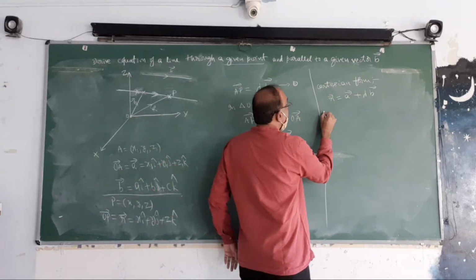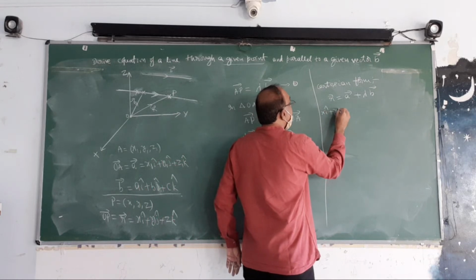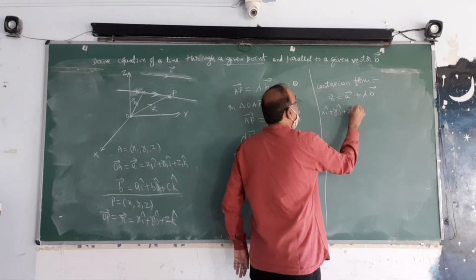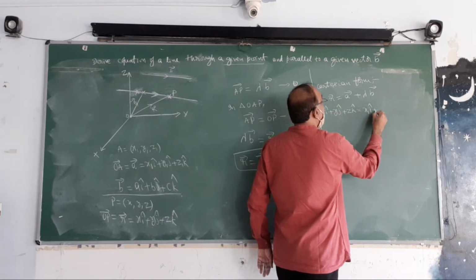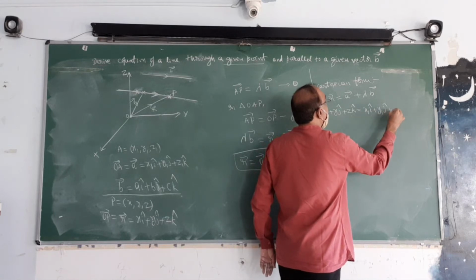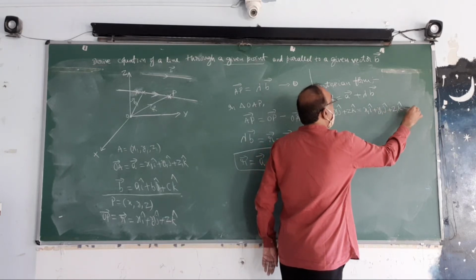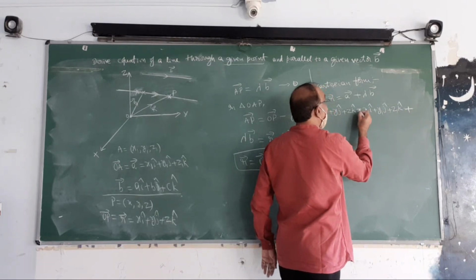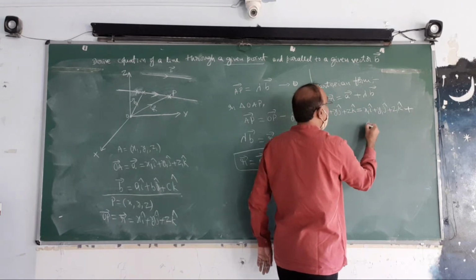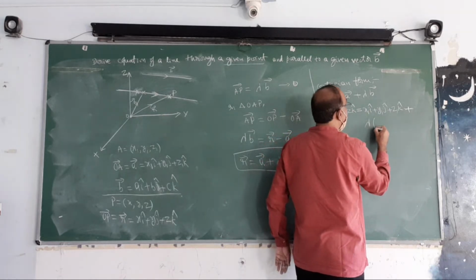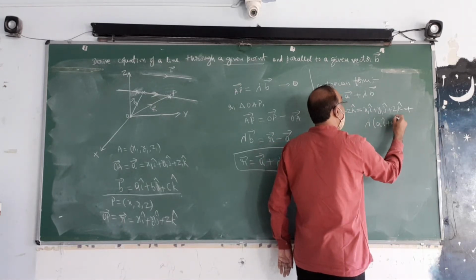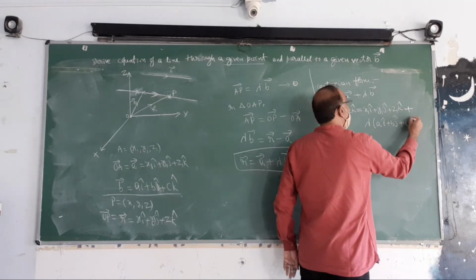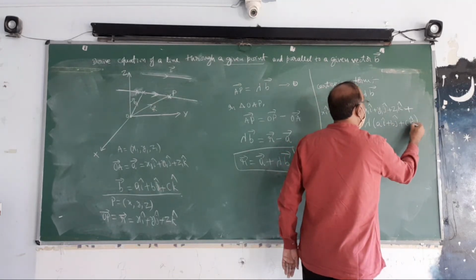R is xi plus yj plus zk. A is x1 i plus y1 j plus z1 k, plus lambda times vector B, that is ai plus bj plus ck.